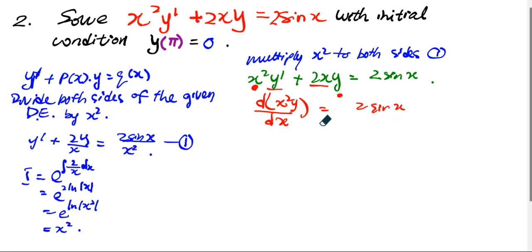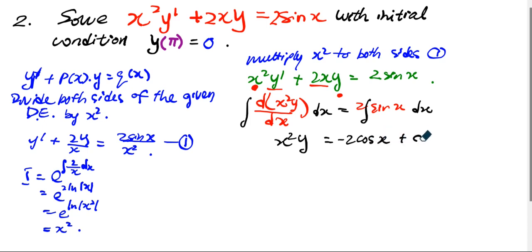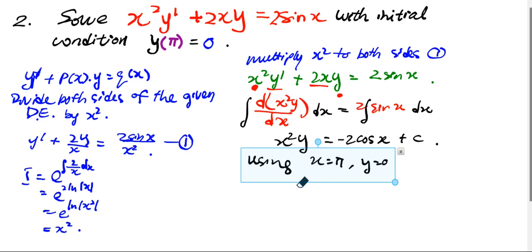And right now what we do is integrate both sides with respect to x. So here we get x squared y for the left-hand side. For the right-hand side, it will become negative 2 cosine x plus c. And right now I can look for c by using x equal to pi, y equal to 0.